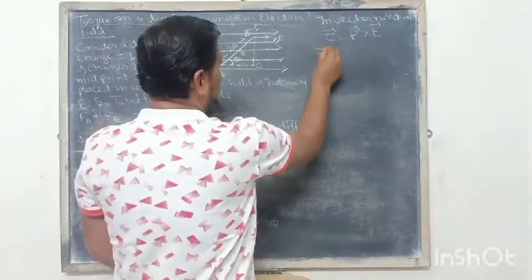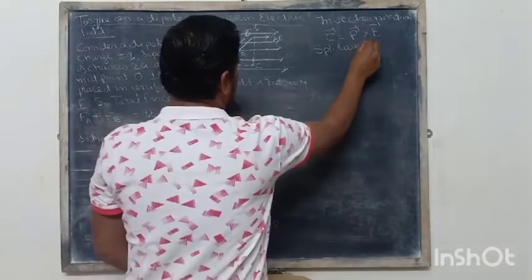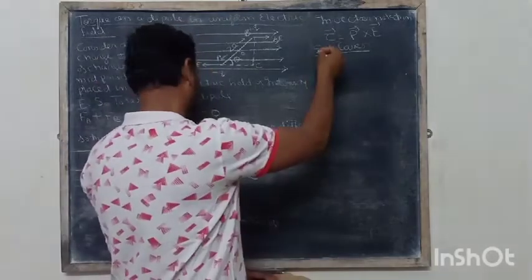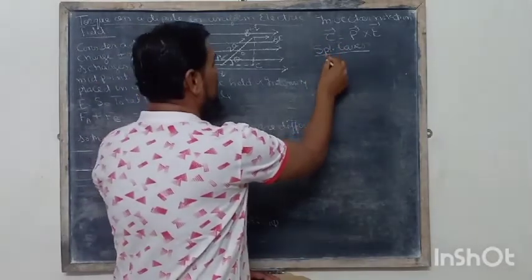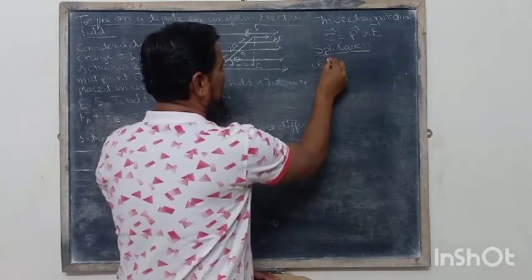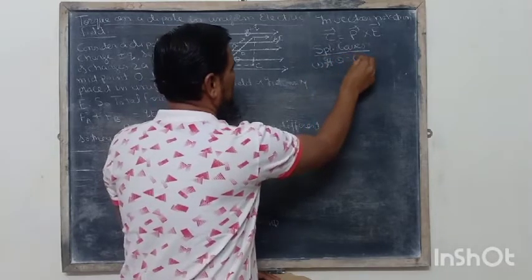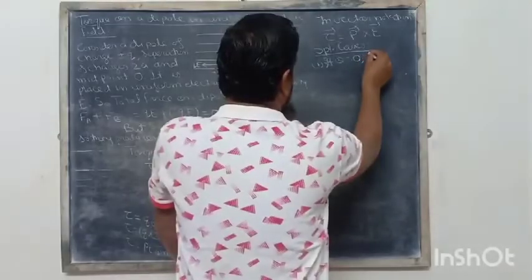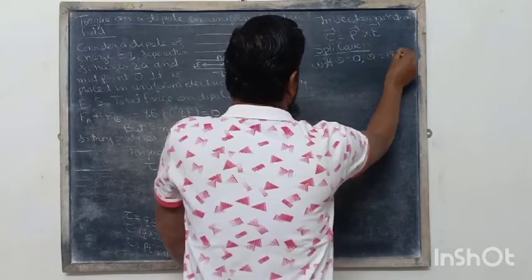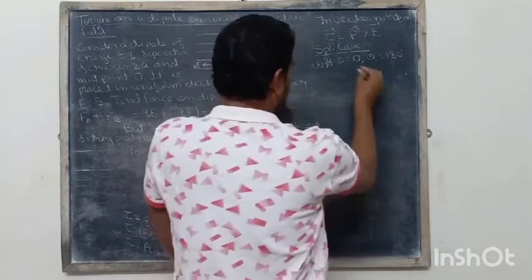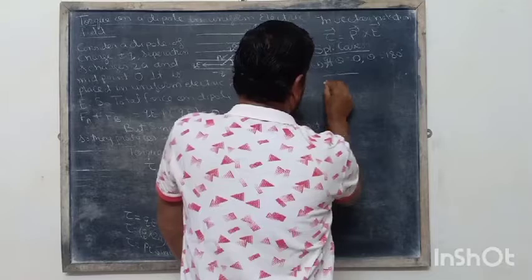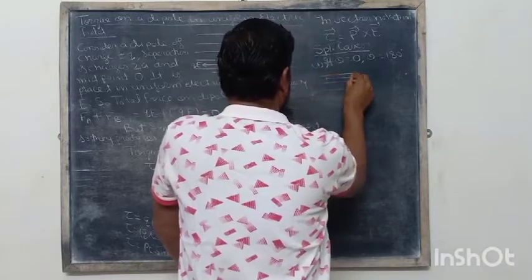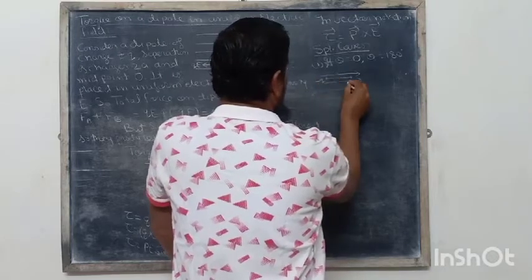There are two special cases. In the formula, tau is equal to PE sine theta. The first case: if theta is equal to 0, it means the dipole is parallel to the electric field, or theta is equal to 180, it means anti-parallel. Parallel means the electric lines of force are like this and the dipole is like this, minus q to plus q.